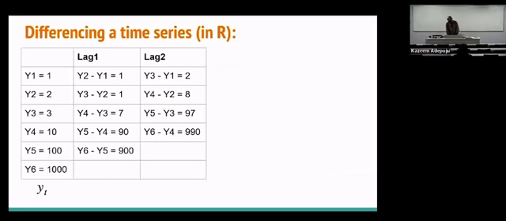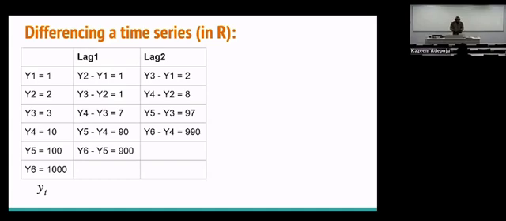Is it one time? Is it 2 times? Just like when we have a problem in real life, we want to know what action will be commensurate to solving the problem. So I'm going to walk you through the mathematical way of differencing first.